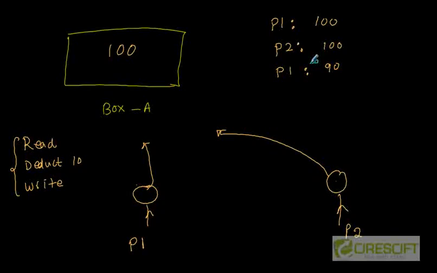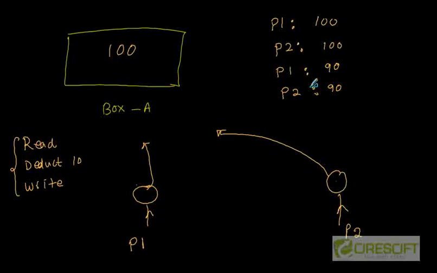P2 also deducts, because he also sees 100, so his number is 90.